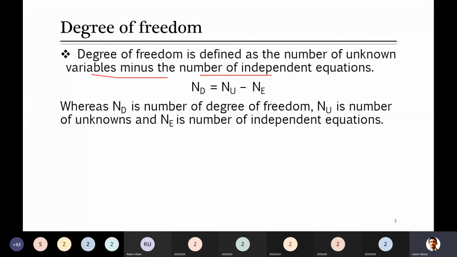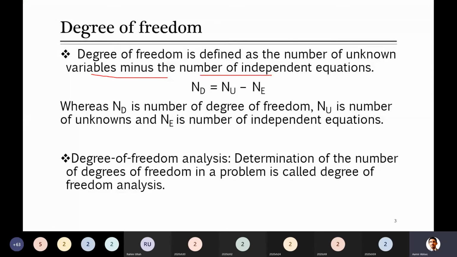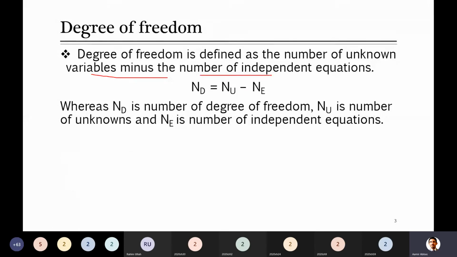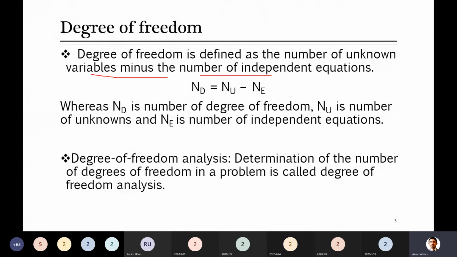So number of degree of freedom is equal to number of unknowns minus number of equations. And what does degree of freedom analysis mean? The calculation or determination of the number of degrees of freedom in some problem is called degree of freedom analysis.